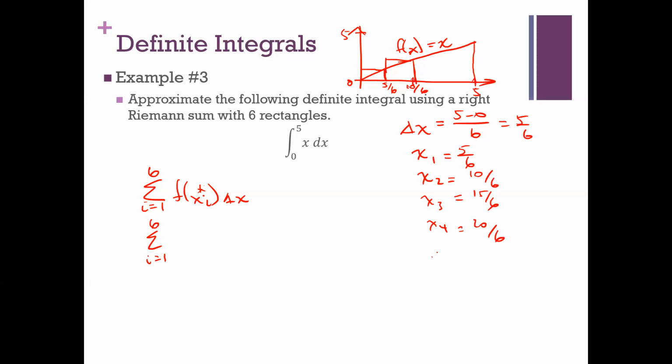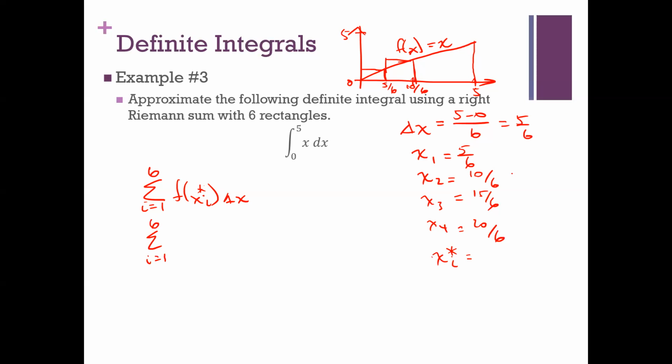Can I generalize to x sub i star, based on the first 4 entries here? If i is equal to 1, x sub i is 5/6. If i is equal to 2, then it's 10/6. Can I come up with a formula or a function that relates i to x sub i?